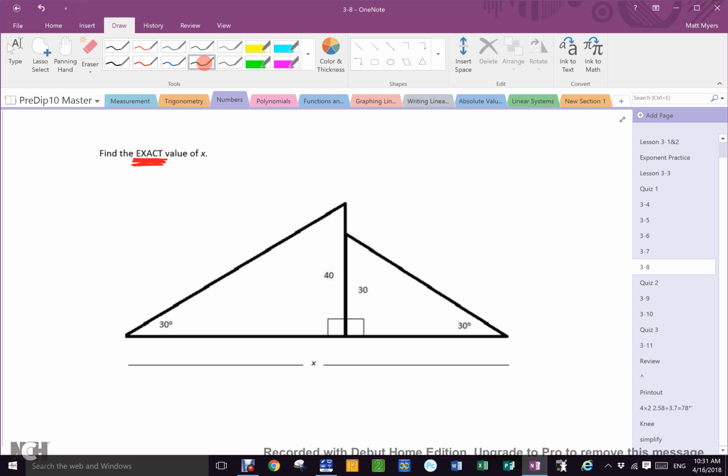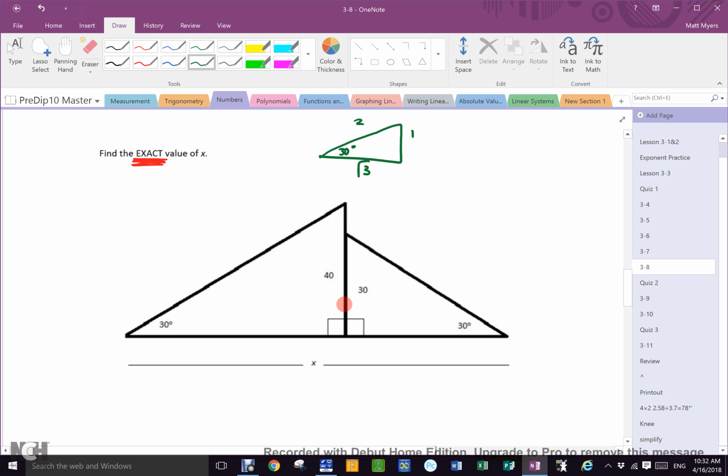Oh, I see. You don't remember what the ratios are for a 30-degree triangle? I remember now. 1, 2, root 3, correct? Everybody remember that? Okay.